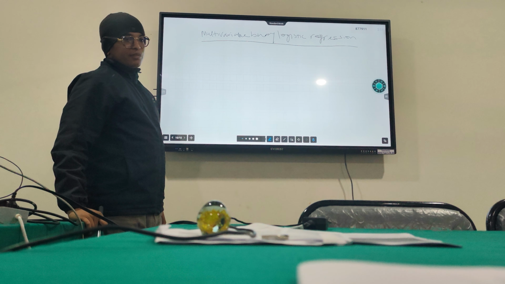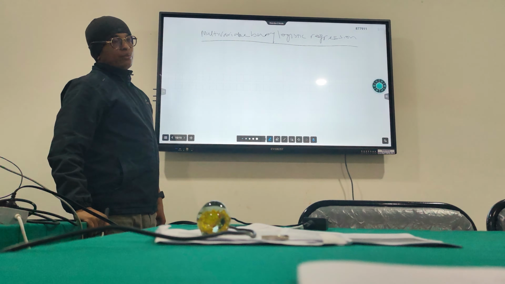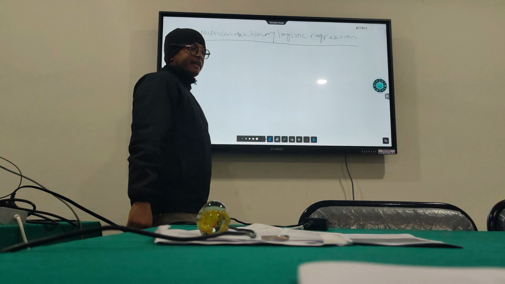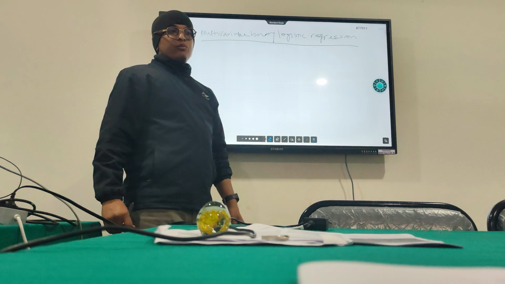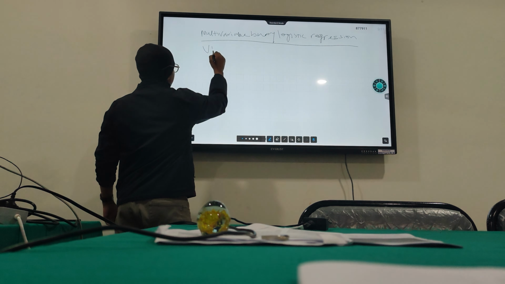For linear regression, if you remember, VIF less than 10 means you have to accept and add those values to the model, right? Here we need VIF less than 2. We need to check VIF here.